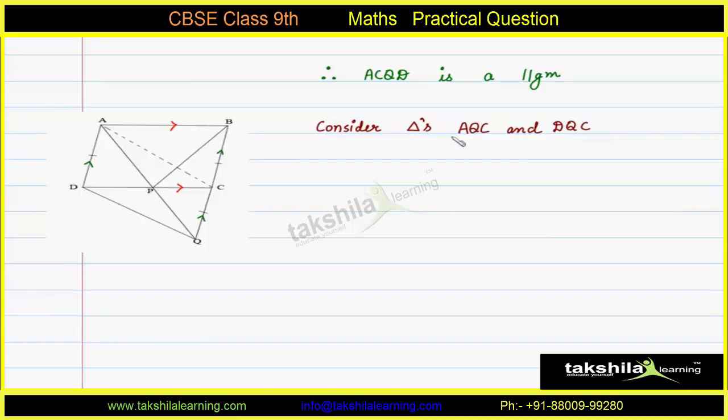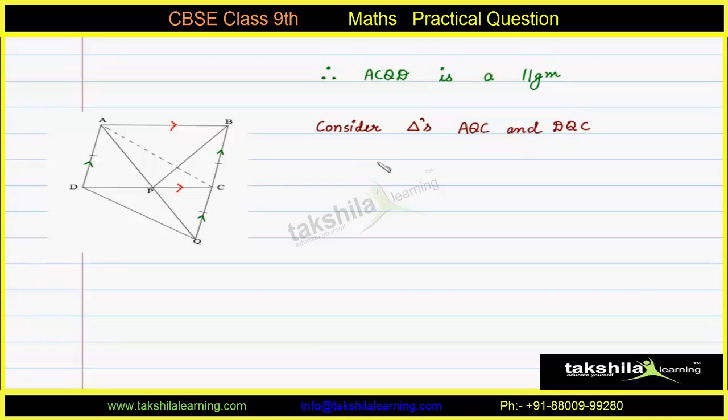Now consider triangles AQC, this triangle here, and DQC. So we are considering these two triangles here, and we can see that these two triangles are lying on the same base QC and also are between the same parallels AD and QC. So once again, as discussed in our key point, if two triangles are lying on the same base as QC here and are between the same parallels, then the area of two triangles is equal.